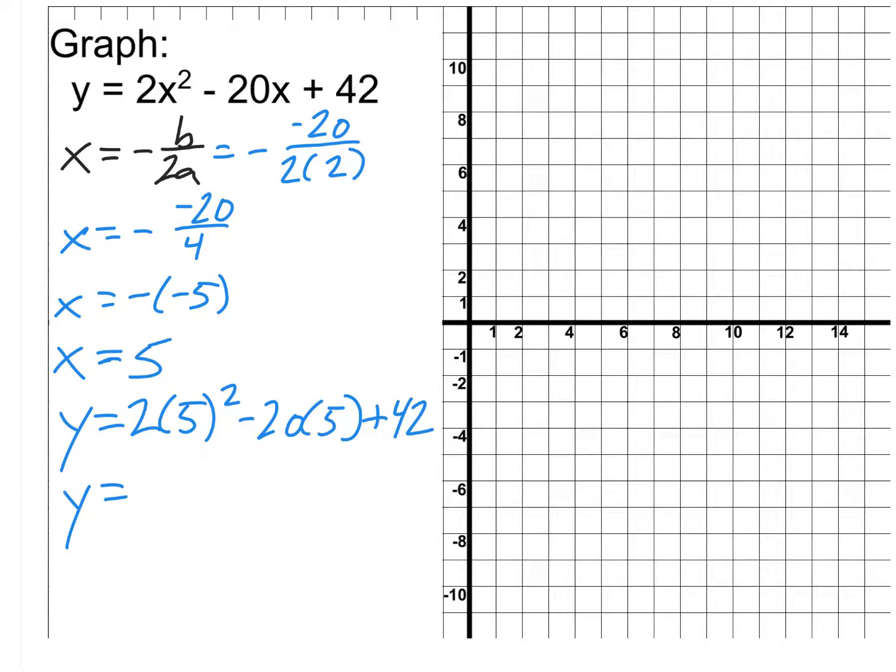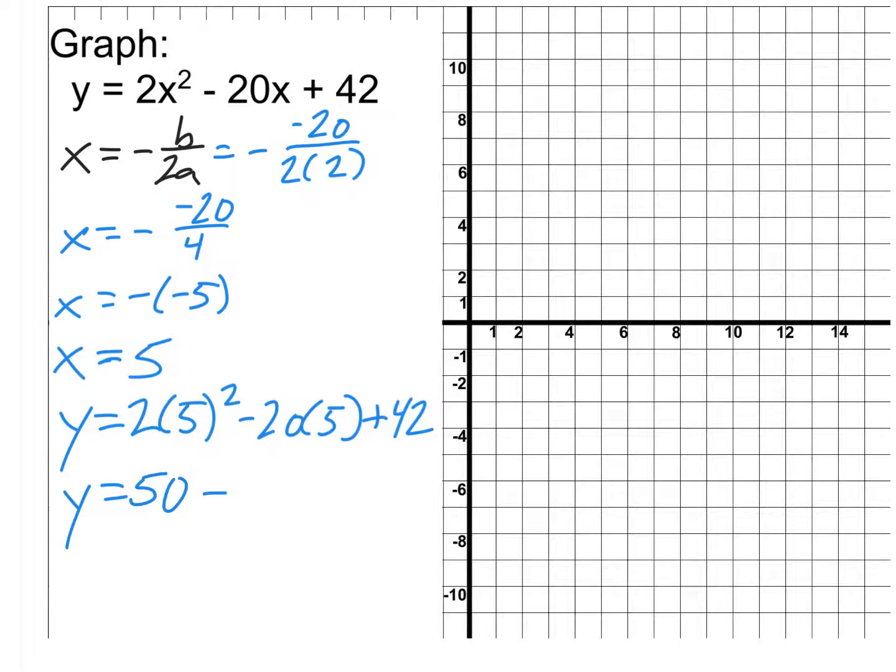Now, when doing this, be careful of your order of operations, because we got this 2 times 5 squared. We're multiplying the 2, and we're squaring the 5. Which one gets done first? The exponent. Think about order of operations, PEMDAS. Exponents come before multiplication. So we do the 5 squared first, which is 25, then multiply it by 2, which gives us 50.